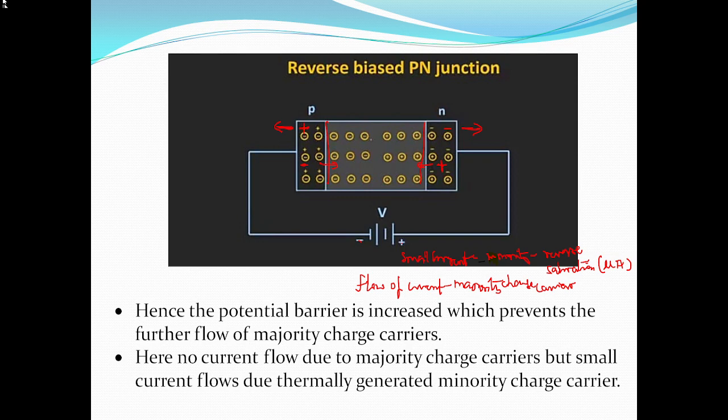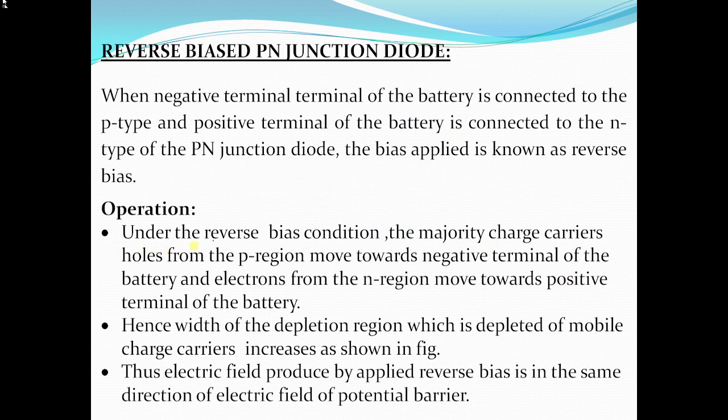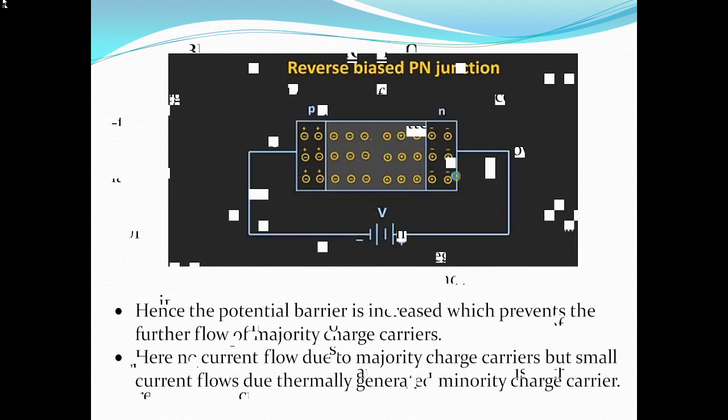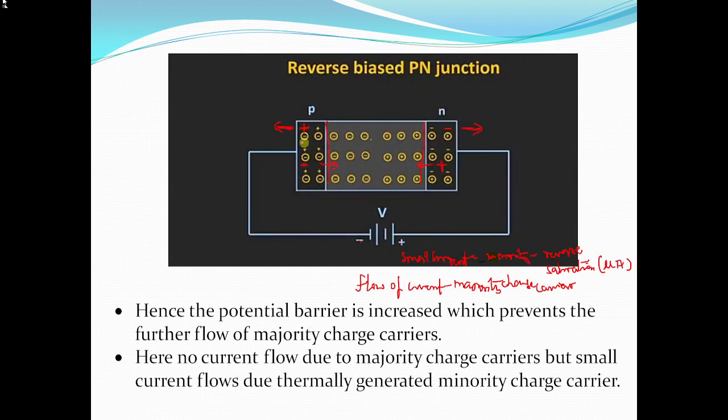So see here, under reverse biased condition, the majority charge carriers, holes from the P region, move towards the negative terminal of the battery, and electrons from the N region move towards the positive terminal of the battery. They are moving away from the junction.